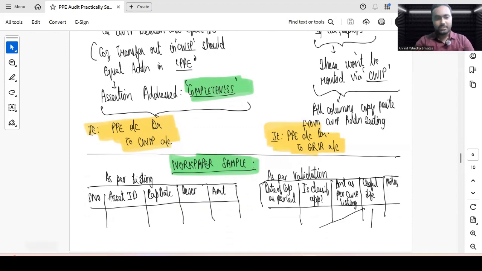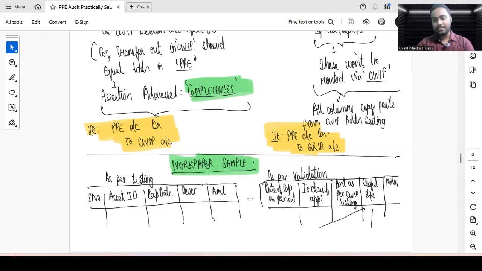Yes. So we need to take our fixed assets register or our additions listing and check what is the asset ID, when it was capitalized, that is, when it was removed from CWIP and moved to PP, what is the description of it and what is the amount. And we need to check the date of capitalization as per the capitalization certificate.